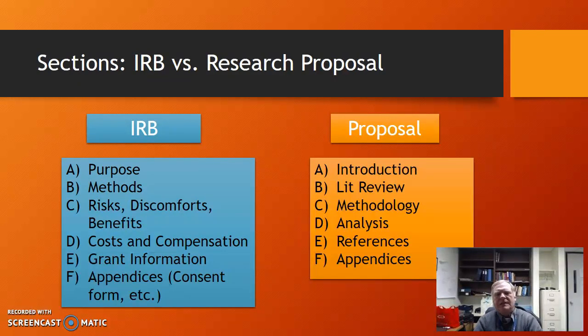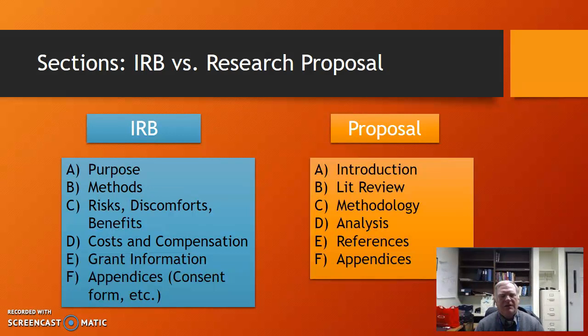In the sections, there's some similarities and differences as well. So the IRB has listed different sections, and I want you to list those sections just exactly the way they're lettered in the handbook that you have.